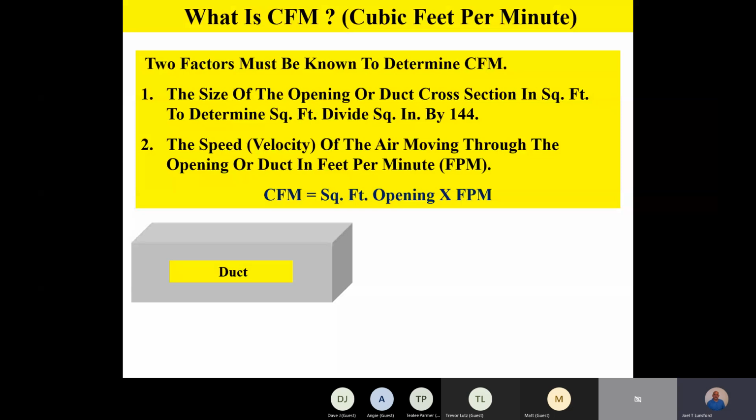A properly sized return grill should not be noisy, and especially if it's a filter grill, it should have a nice low velocity across there. 300 feet a minute velocity is the maximum recommended according to Manual D. Any questions on recommended velocities set forth by Manual D?